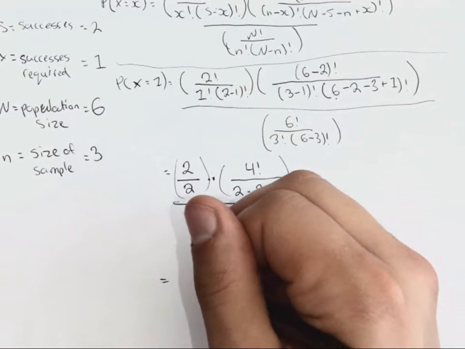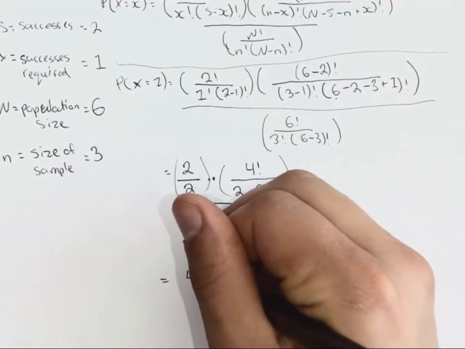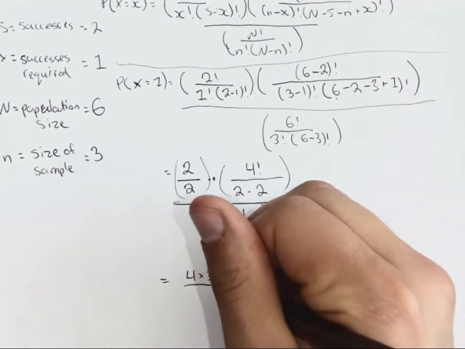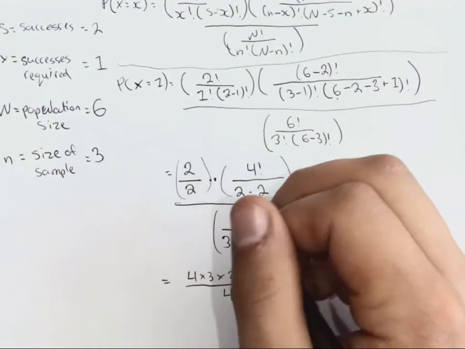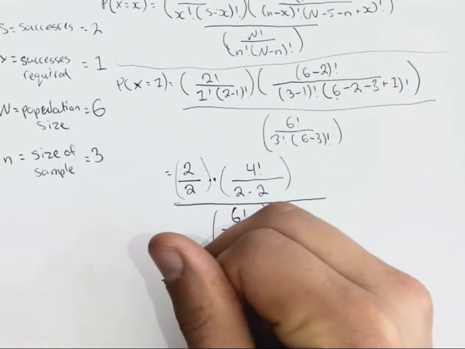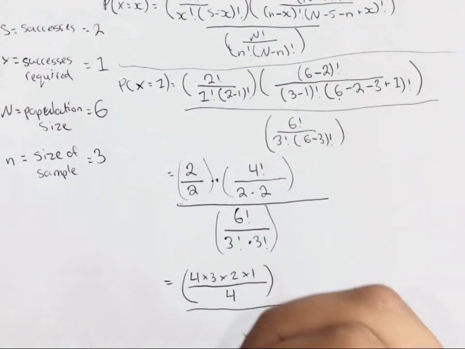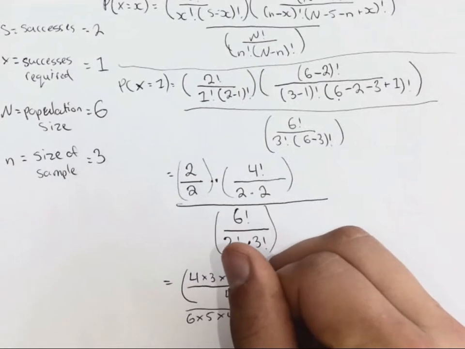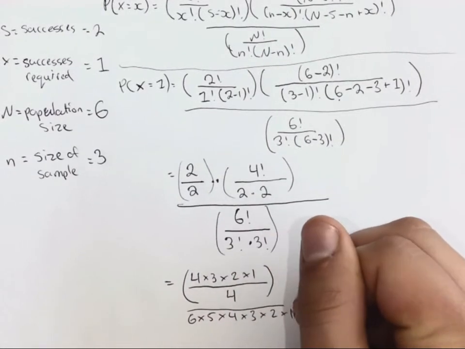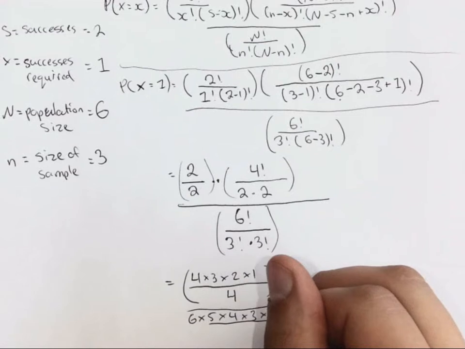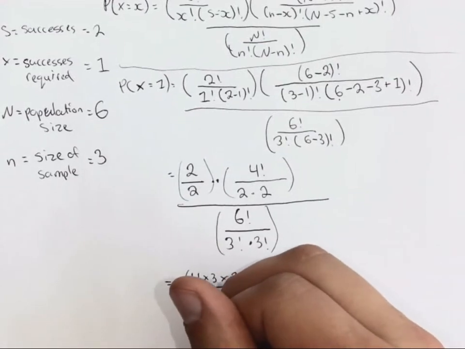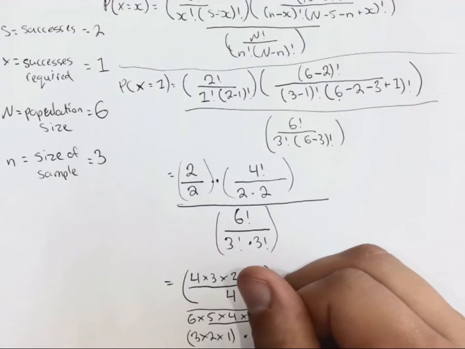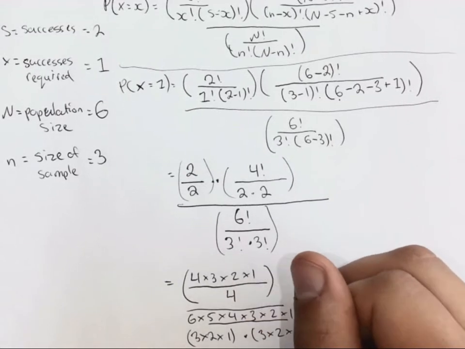So we can go 4 times 3 times 2 times 1 divided by 4, 2 times 2, divided by 6 times 5 times 4 times 3 times 2 times 1, just divided by 3 times 2 times 1 times 3 times 2 times 1.